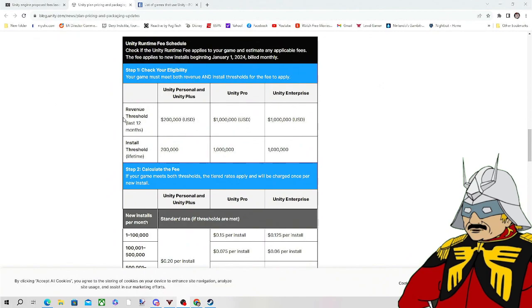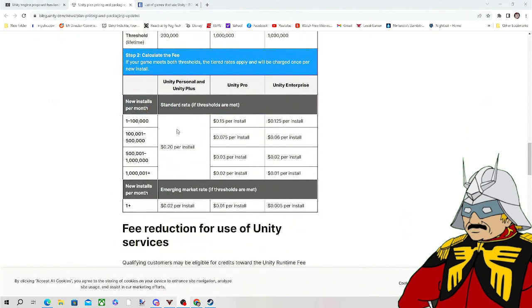The threshold for the revenue for Unity Personal, $200,000 US dollars. If you got that many people, 20 cents per install. The new installs, they're like 20 cents. Here's another one.